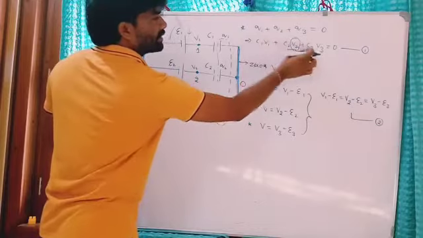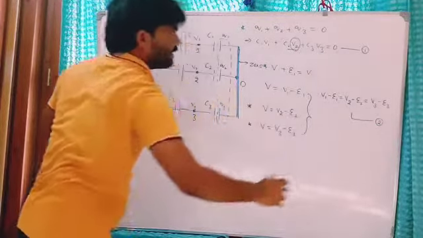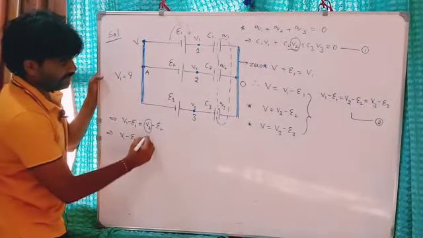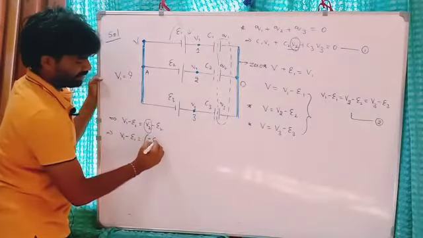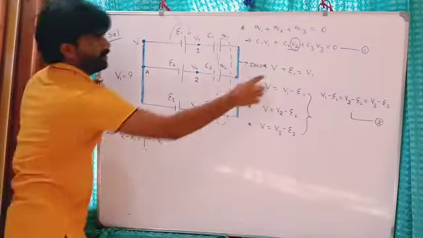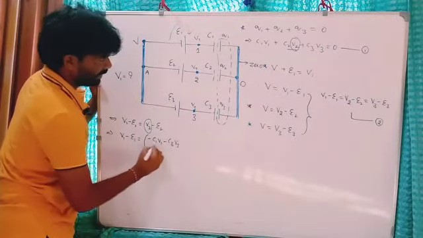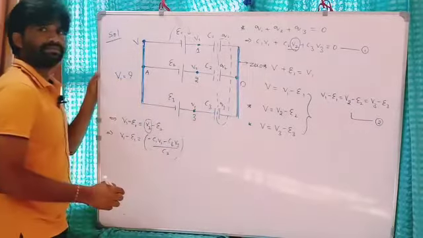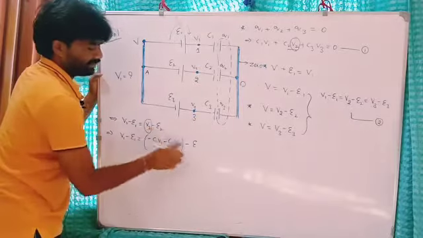For this V2, first bring these 2 terms to that side, and also put C2 in the denominator. So look at the equation carefully. V2 gives minus C1 V1 minus C3 V3, then C2 in the denominator. This is V2 from equation 1. Clear? Now this minus E2.